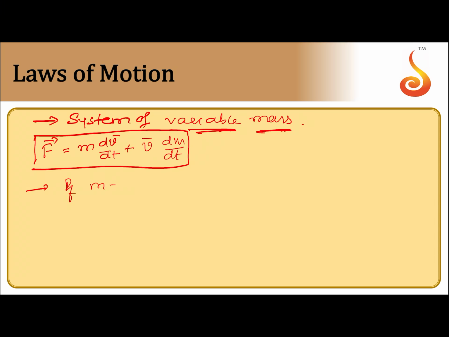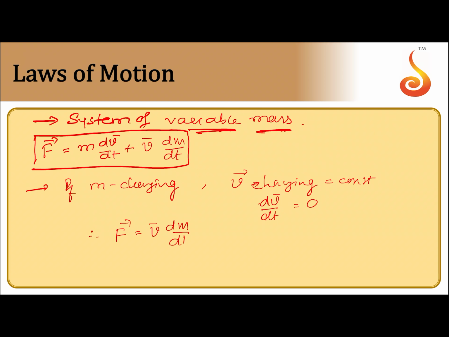If the mass is changing and the velocity of the changing mass, that is the mass which is escaping or added, is constant, then dv divided by dt is equal to 0. So, we have the equation F is equal to v dm divided by dt. That's right. F is equal to v dm divided by dt.